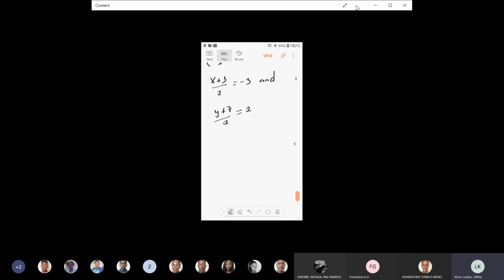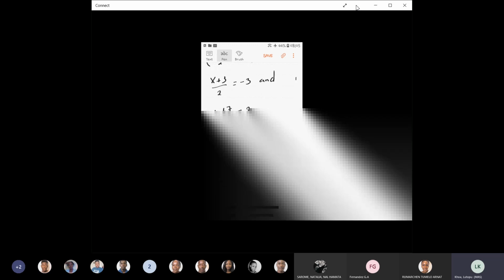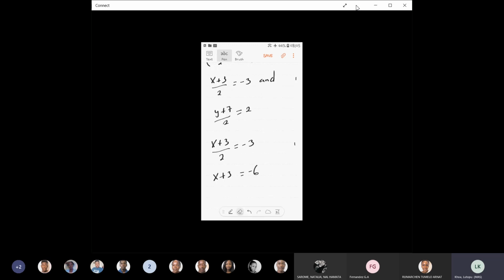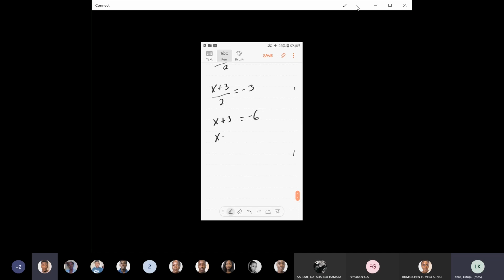So with the first one, if (x plus 3) over 2 is equal to minus 3, this means x plus 3 is equal to negative 6, and that means x is equal to negative 9, if I've done that correctly.